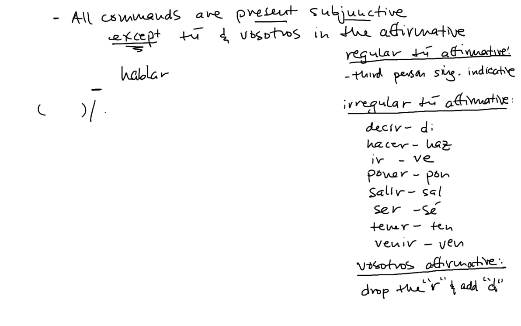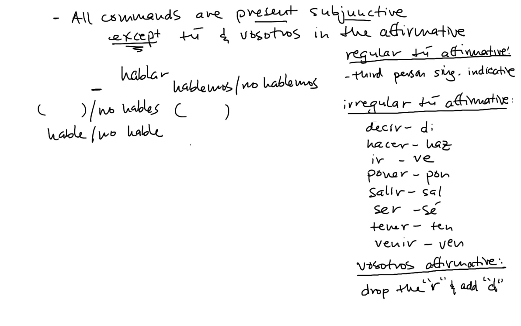But the negative would be present subjunctive, so no hables. That is, don't speak. The usted forms both are subjunctive. Hable, no hable. Nosotros, present subjunctive. Hablemos, let's speak. Negative, no hablemos.